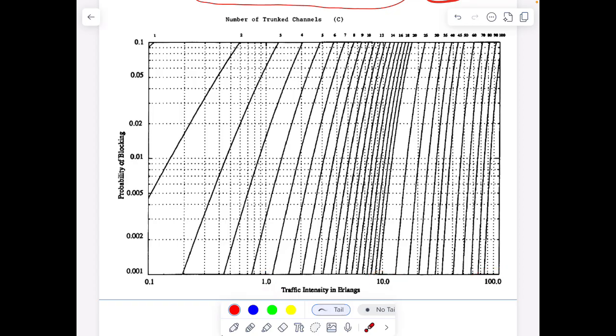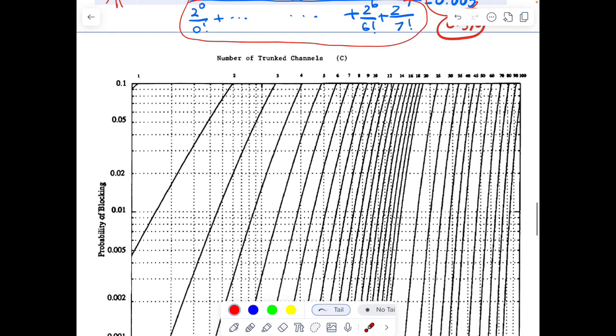And the y-axis is the blocking probability, PB, starting from 0.001, or 0.1%, then 0.01 and 0.1. 0.1 means 10%. This is 1%. This is 0.1%. Again, this is in log scale. So the x-axis is in log scale, and the y-axis is also in log scale.